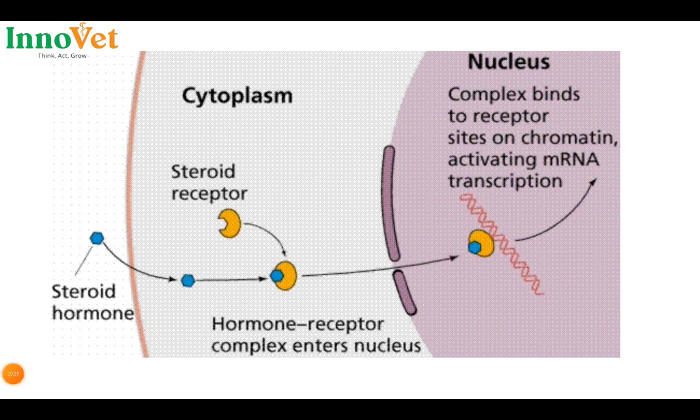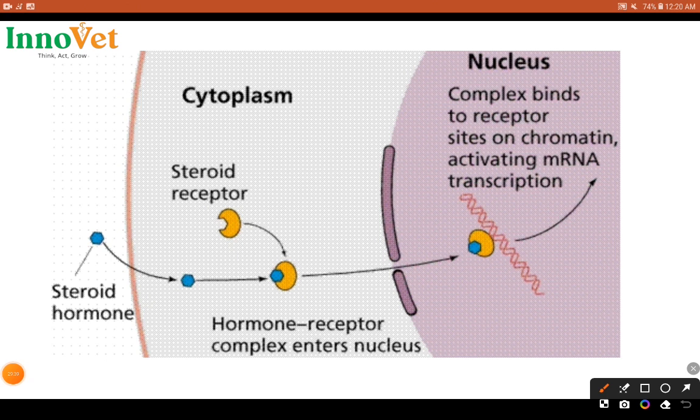So we have an illustration here. We have our ligand. It can be a glucocorticoid, a steroid hormone, or a fat-soluble vitamin traversing the cell membrane. Because it is hydrophobic, it can pass through the lipid bilayer easily and enters the cytoplasm.